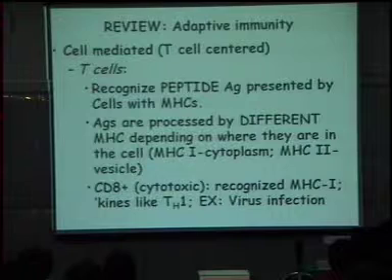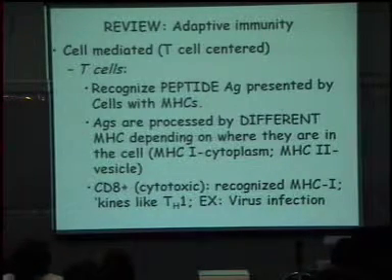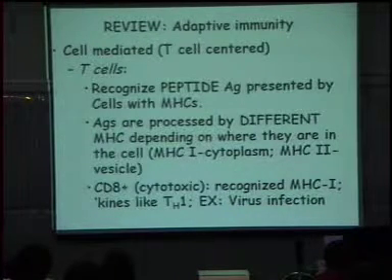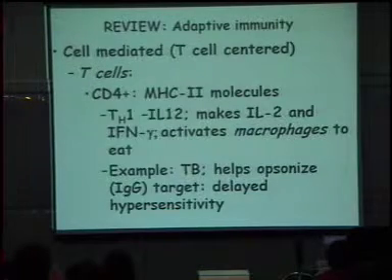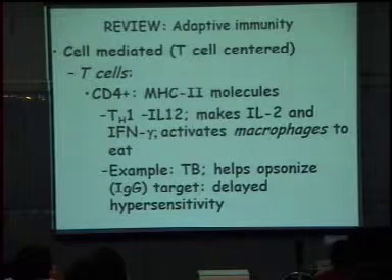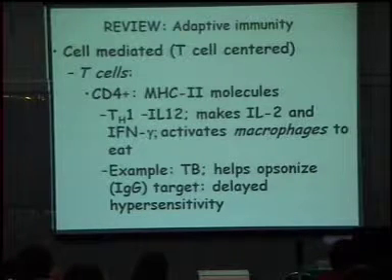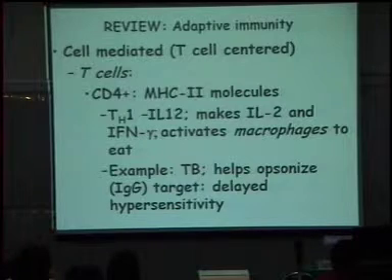All right? And that helps you remember why some things are adapted differently than others. All right. CD8 cells, which are cytotoxic T cells, recognize the MHC1 antigen and are usually used against viral infections. CD4, which you spent a lot of time learning about with HIV infections, for instance, are related to MHC2 molecules.